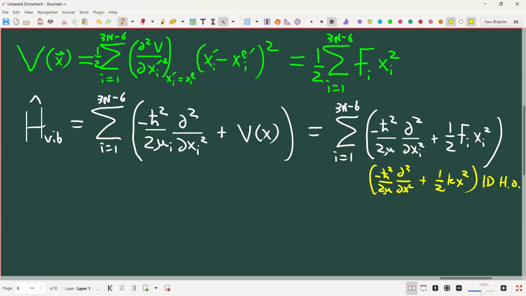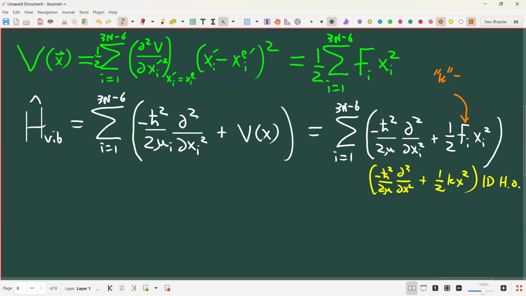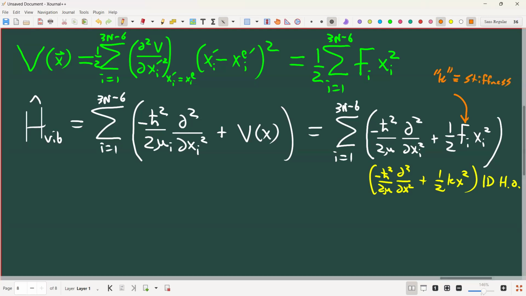Everything simplified out. So f sub i, this force constant, this is what we call k, right? The force, the stiffness. We know how to solve this problem.